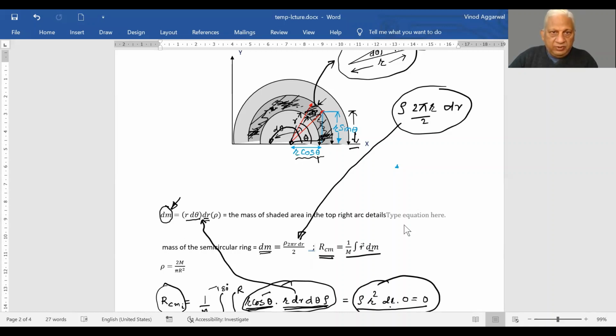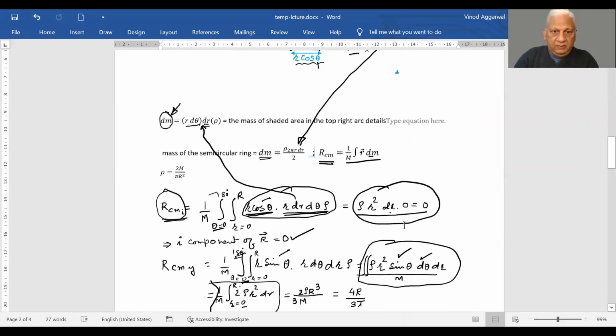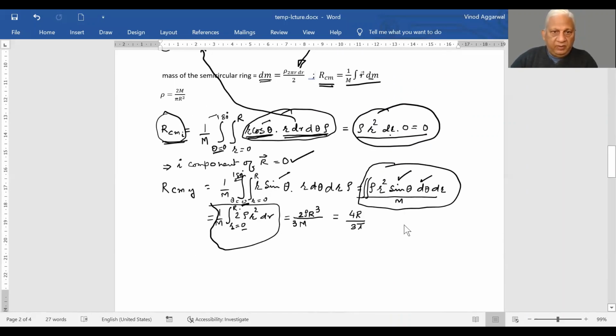But if we have to find the center of mass for the whole disk, then we have to integrate r going from 0 to complete r. And that's what we have done here. This integration goes from r equal to 0 to r equal to r, and after simplification we get this.